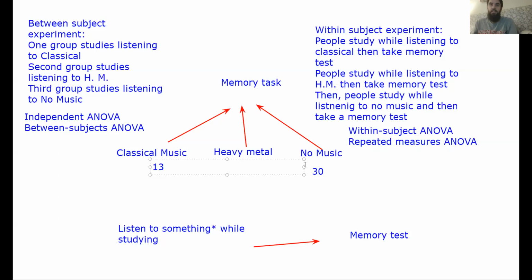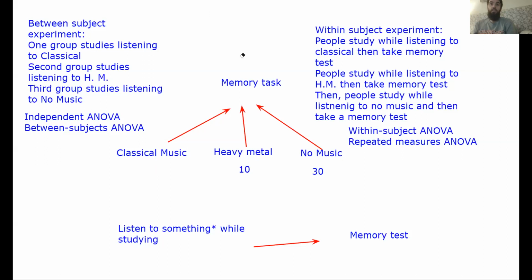It might be the case that listening to classical music will not be as bad for you as heavy metal music, but neither of these are good. It's not good to study while listening to music. It's not good to study while distracted. And so your memory is going to be best whenever you study with no music than either of these two. And so this is what I mean when I say that not all the condition means are the same.